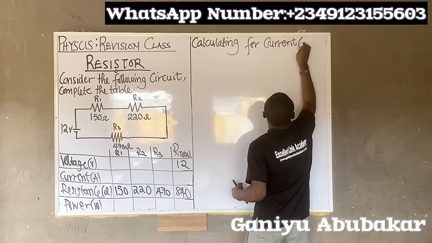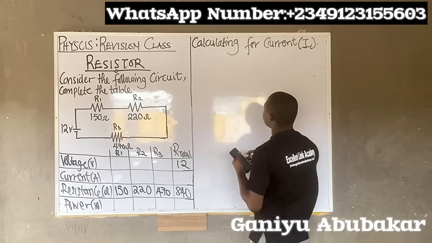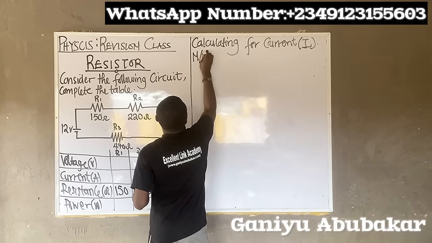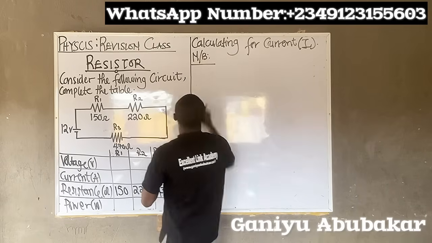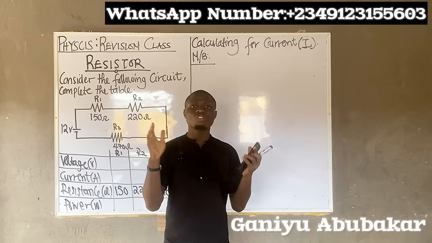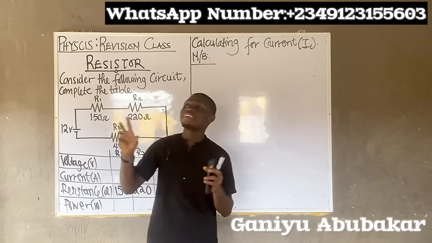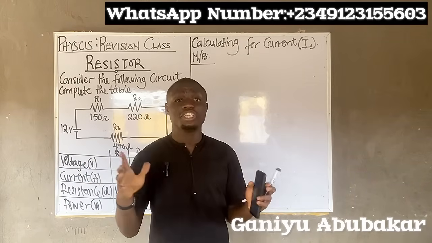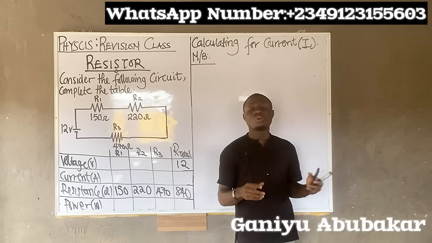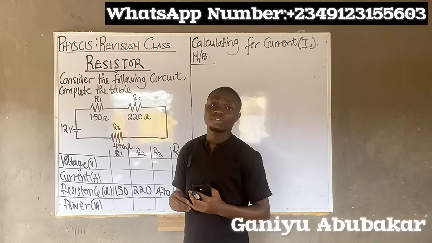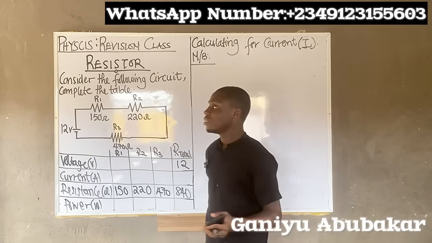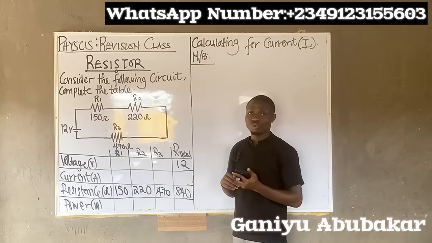So when it comes to current, that's I, right? Please note this, very important: whenever resistors are arranged in series, the same current flows through them.